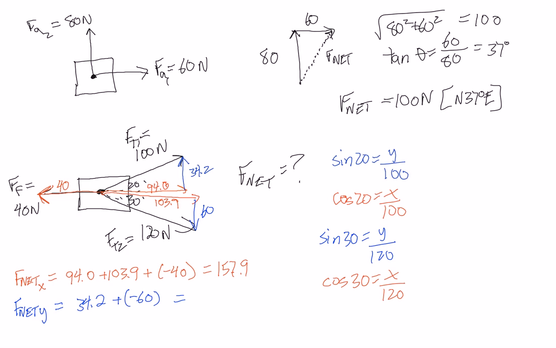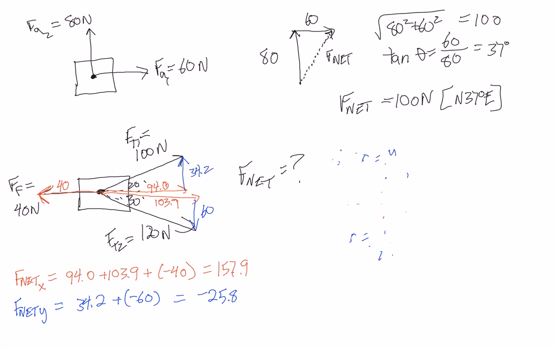Adding those two, we get negative 25.8 newtons downwards. And that's it. We've got our components figured out. So let me just erase all of this stuff. We have everything we need for our two vectors: we've added them vertically, we've added them horizontally, and we've got our two net forces.